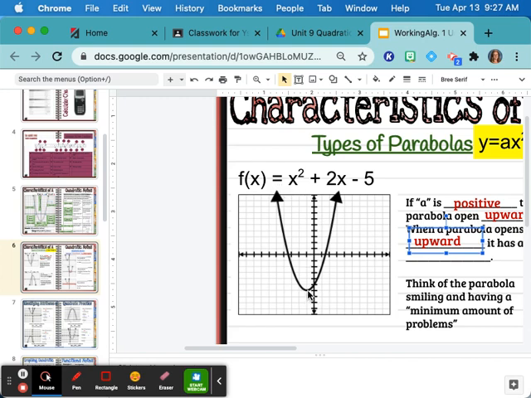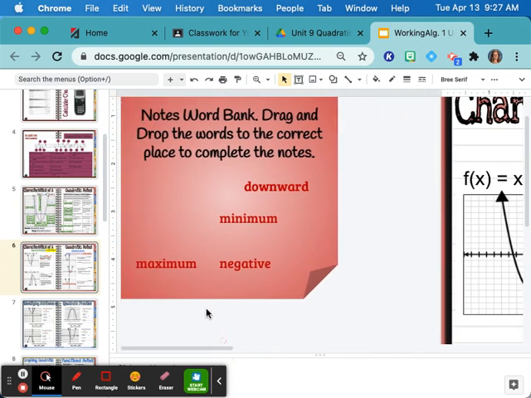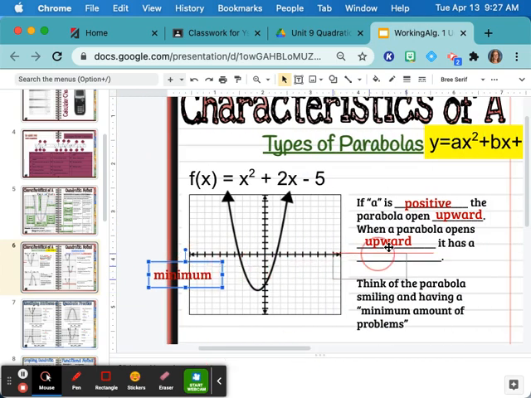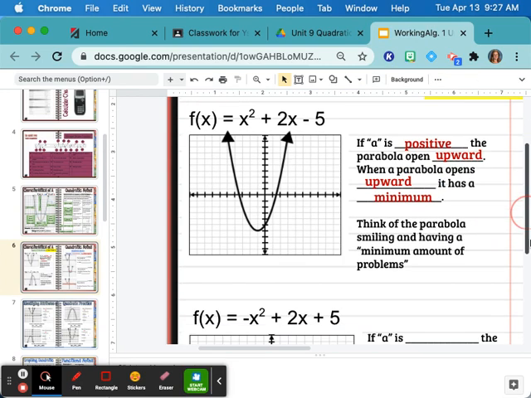Whenever it opens upward, we have a minimum value. So it starts at this number and then goes on and on forever to positive infinity. So this would be a minimum. Think of the parabola smiling and having a minimum amount of problems.